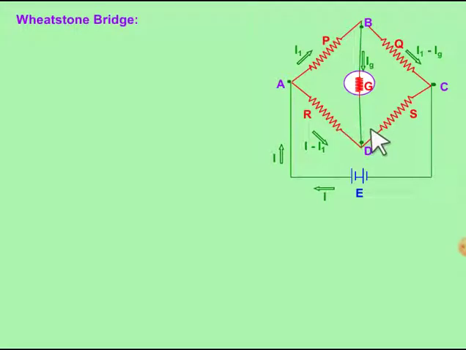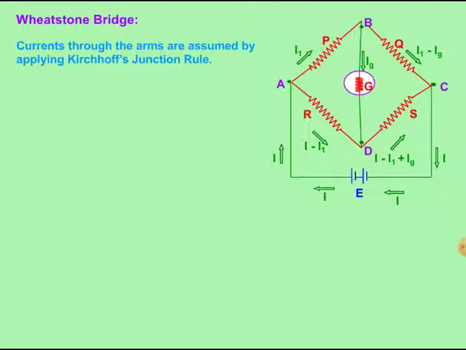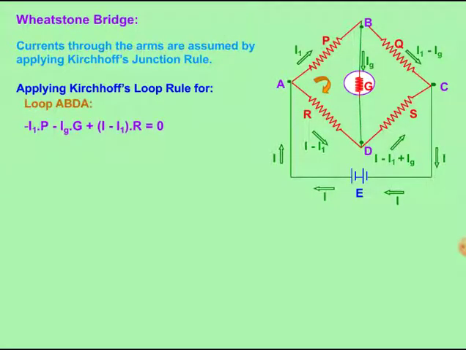When the potential drop across the two opposite vertices is the same, we call it a balanced bridge. If it is a balanced bridge, then the ratio of the resistances on one side equals the ratio on the other side.